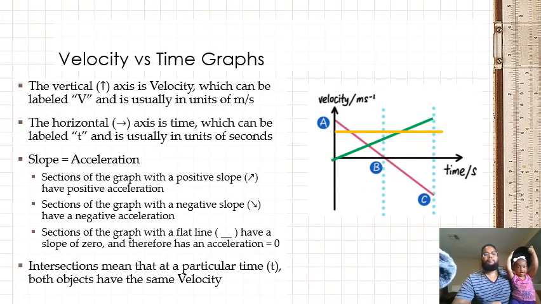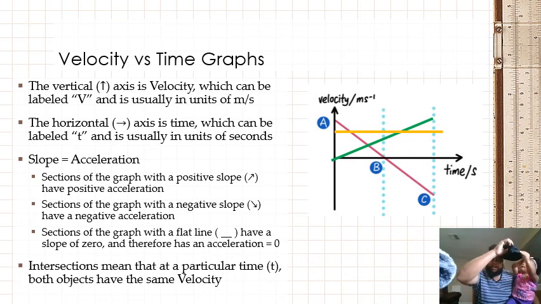Velocity versus time graphs. Velocity versus time is slightly different. The vertical axis now means velocity, which can be labeled v, and is usually meters per second. The horizontal axis is time. Now, time is labeled t, and is usually in units of seconds.